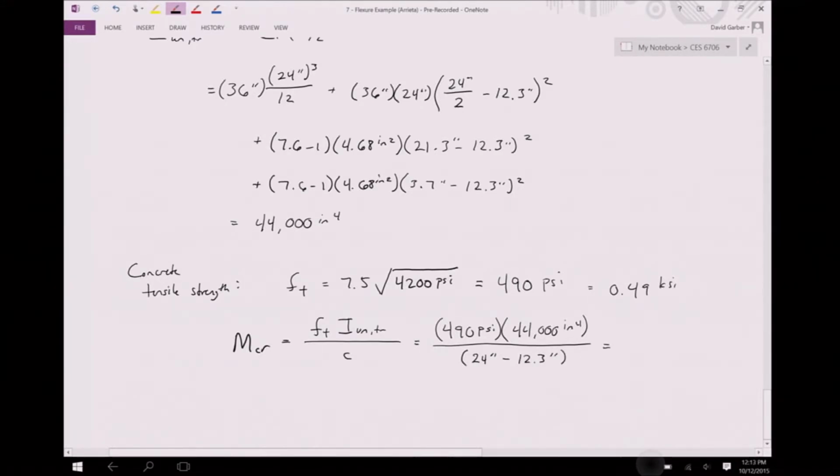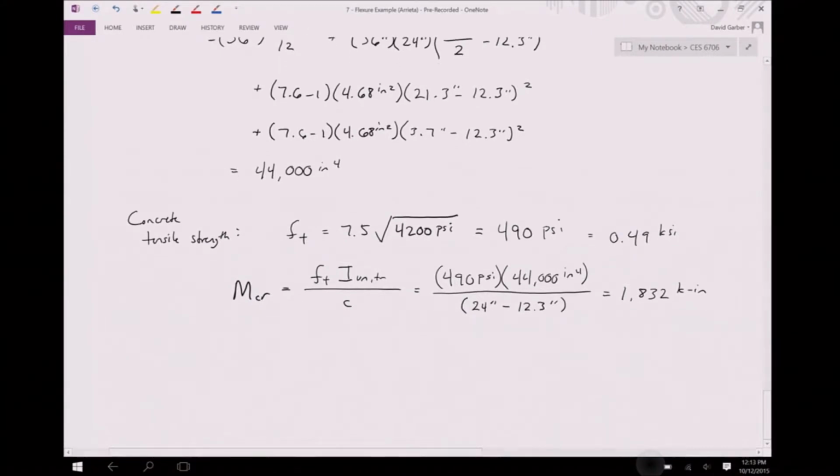So this is the distance from the centroid to the bottom fiber. And this will give us a cracking moment of 1,832 kip inches. And yeah, let's change this to be consistent with our units. Okay, so next we can calculate the curvature before cracking.